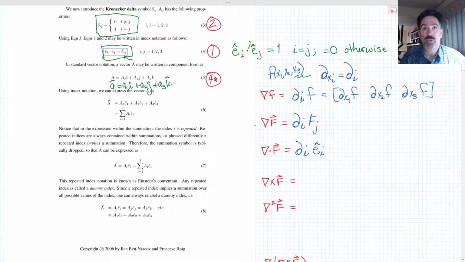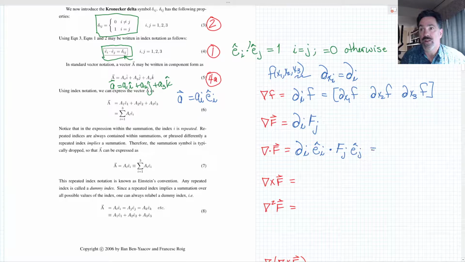So similar to the way that they write their vectors in this notation, a_i e_i, we're going to do the same thing here. And the reason is because I'm now going to take this and dot it with the F vector, which is just a series of F elements, f_j e_j hat.